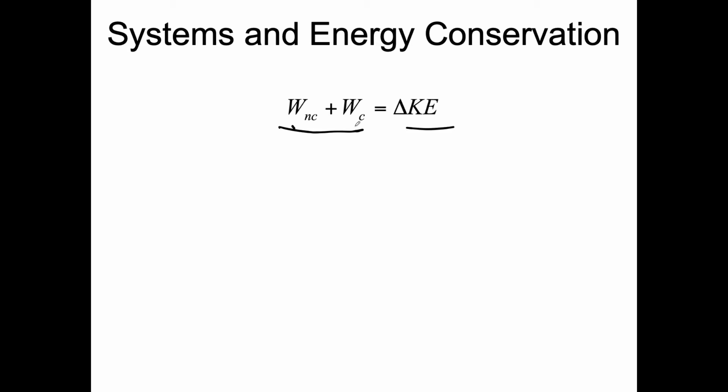Now what's going to happen if we do have non-conservative force doing work? We're going to move the work done by conservative force to the other side. We also discussed that the negative of the work done by conservative force equals the change of potential energy.